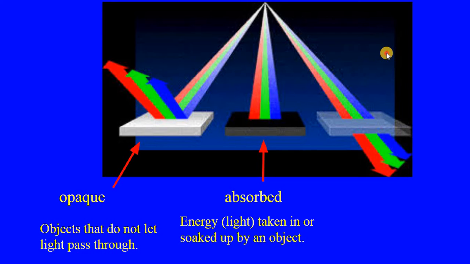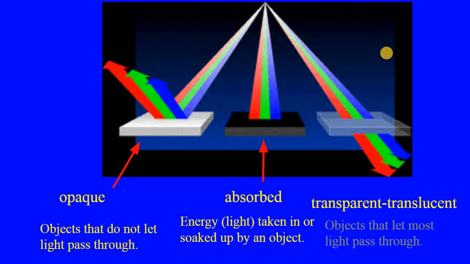The next one is your transparent and translucent objects, like a glass, like a window in your car, a window in your home, that will let some of the light pass through it. Okay, a light bulb is also translucent. It'll let some of the light pass through it. Now you can't see the center of the light bulb.